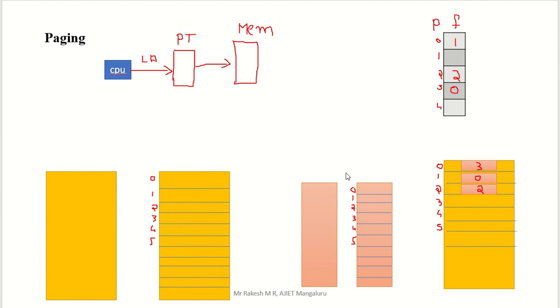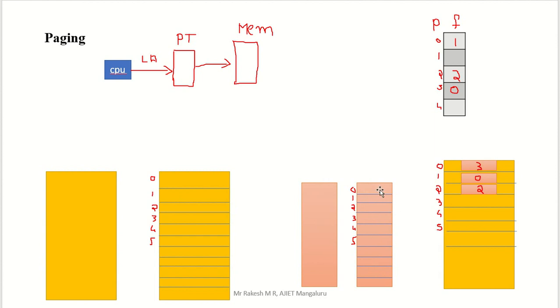Now I will come to another concept. This is your one process, the entire process, which is now in secondary memory. Now that process is divided into small blocks.